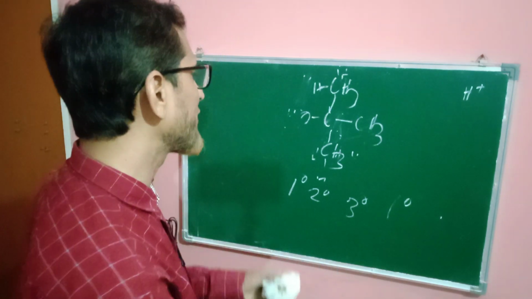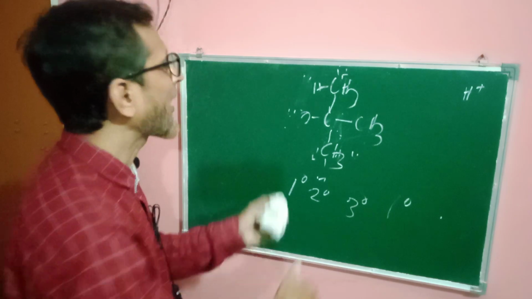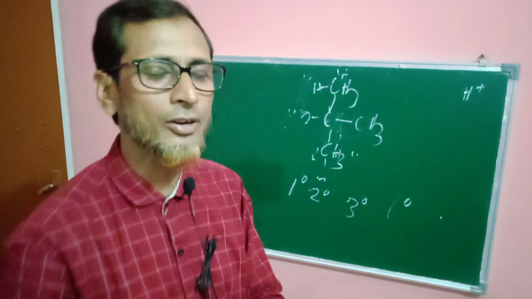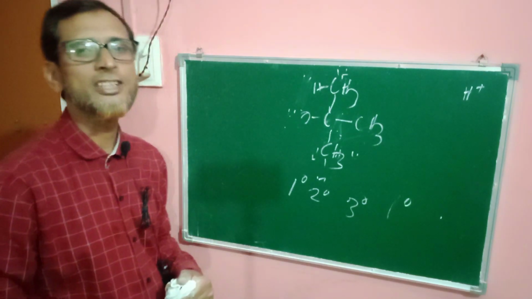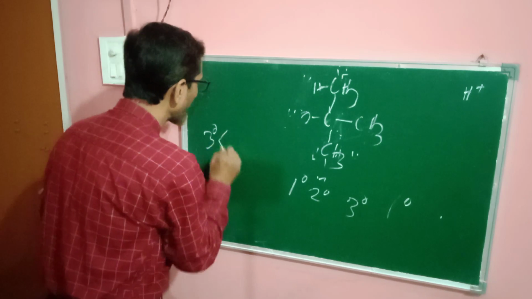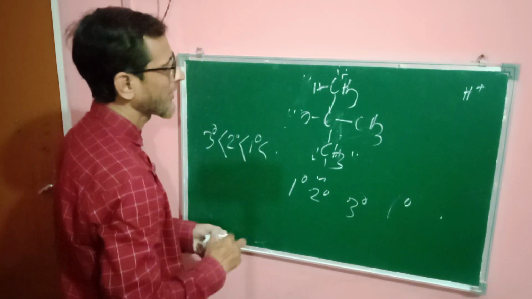When we move to 2 degree or 3 degree alcohol, bulkiness and steric hindrance appear. This lone pair is not easily available for attacking the positive carbon center. That's why 3 degree is the least reactive, then 2 degree, then 1 degree, then methanol.